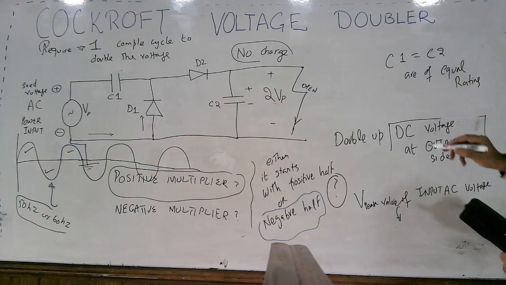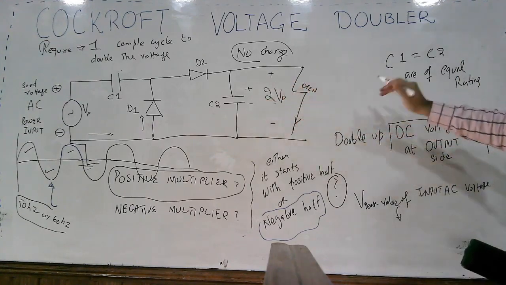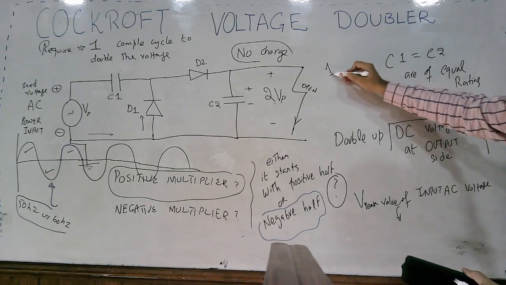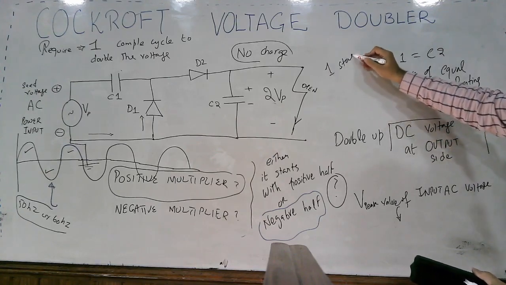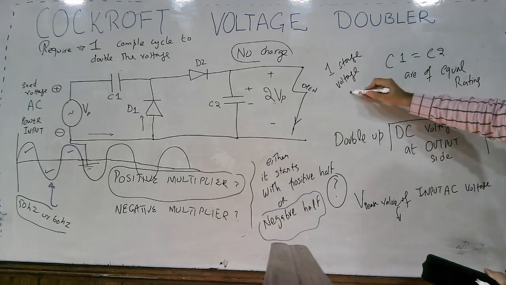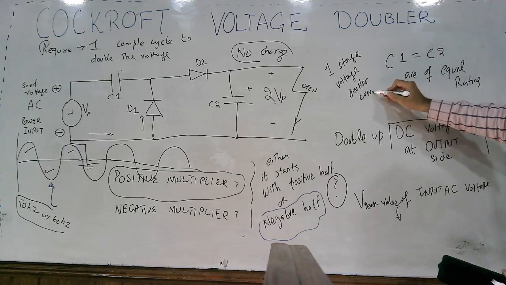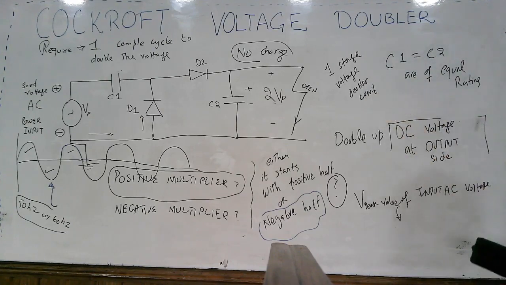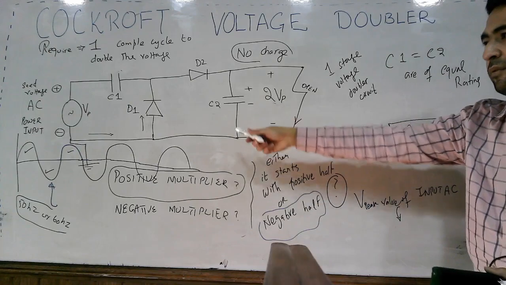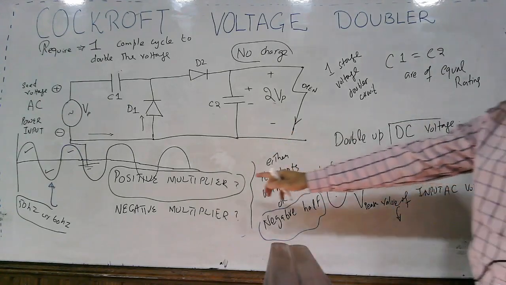Okay, and since here we have only the single stage, it is known as the one stage voltage doubler circuit. And it started with the negative half of the input waveform, and this is the positive multiplier circuit.